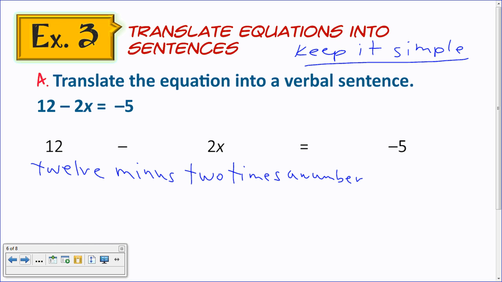Well, equals is just what? Is. I'm done. Pretty simple, huh?